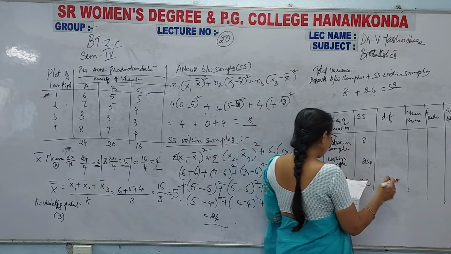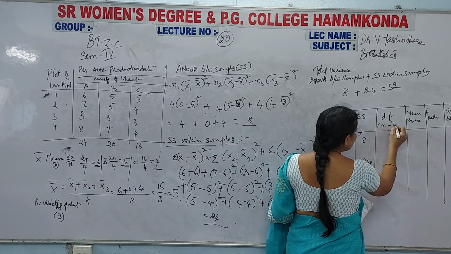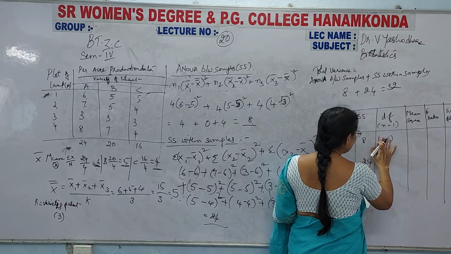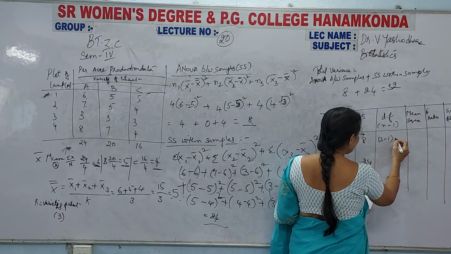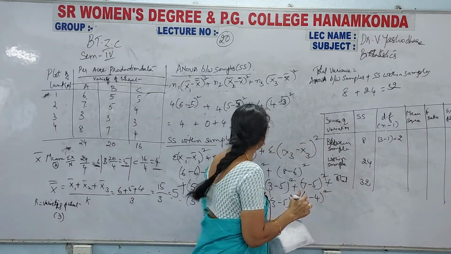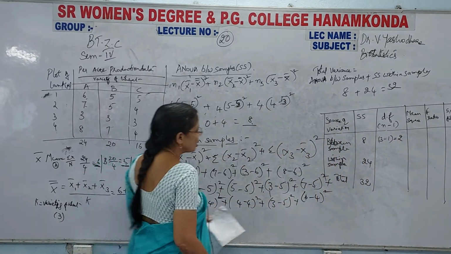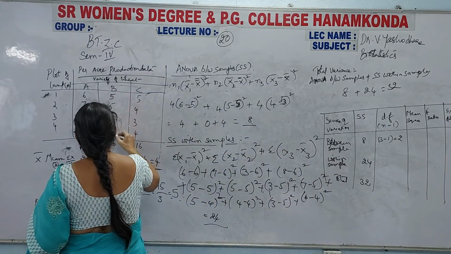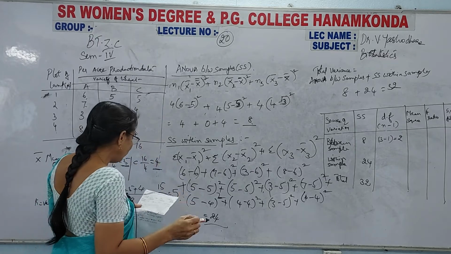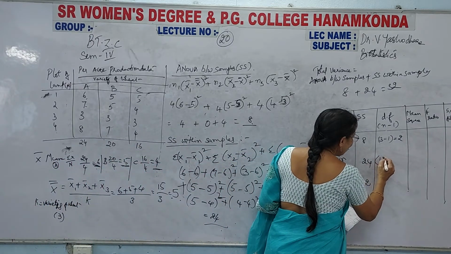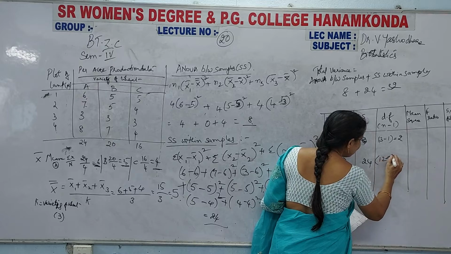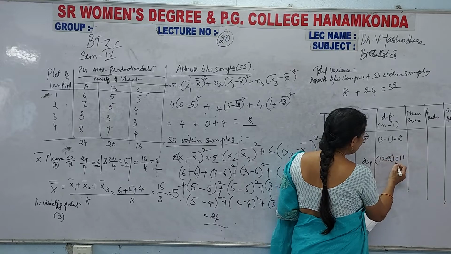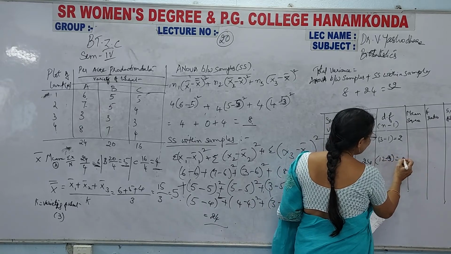Now degrees of freedom means n minus 1. See here, n minus 1 is 3 varieties, so 3 minus 1 is equal to 2. ఎందుకంటే బిట్వీన్ శాంపుల్స్ కాబట్టి బిట్వీన్ శాంపుల్స్ అంటే 1 2 3 వెరైటీస్ ఉన్నాయి. విదిన్ శాంపుల్స్ అంటే ఎన్ని ఉన్నాయి చూడండి, 1 2 3 4 5 6 7 8 9 10 11 12 ఉన్నాయి. 12 minus 3 is equal to 9.